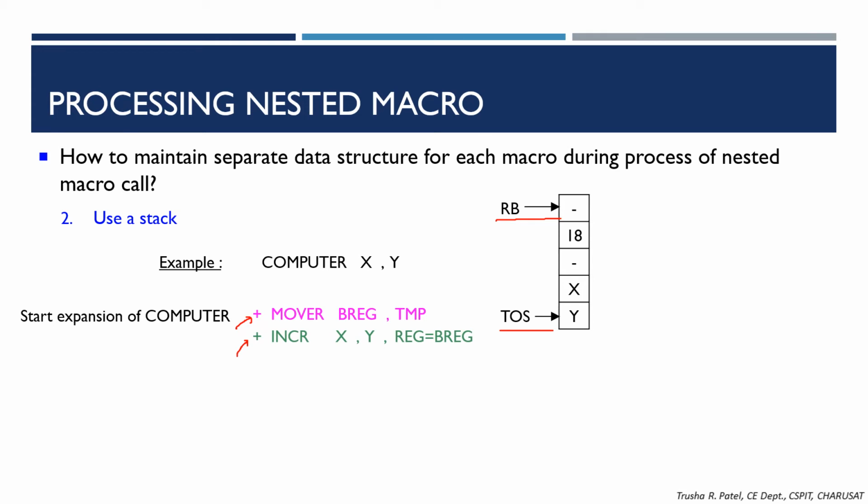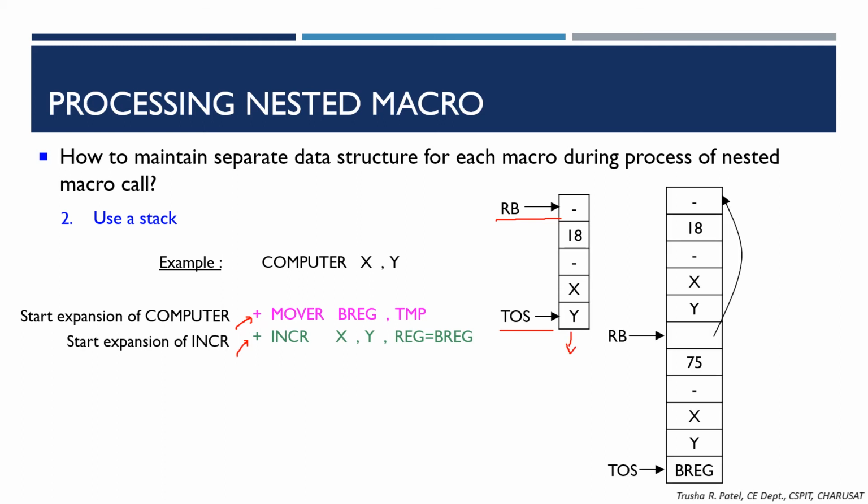Now in that case, after this area, the new expansion record will be added, that is for the INCR macro, and you can see that the RB and TOS pointers are reallocated. Now RB is pointing to the first location of the new expansion time record, and TOS is pointing to the last location of the expansion time record.